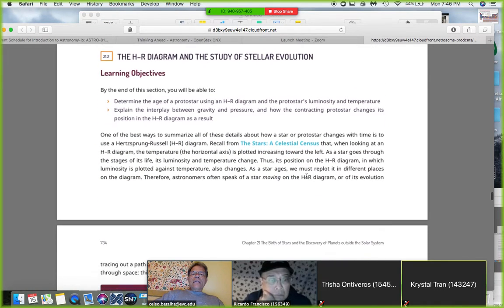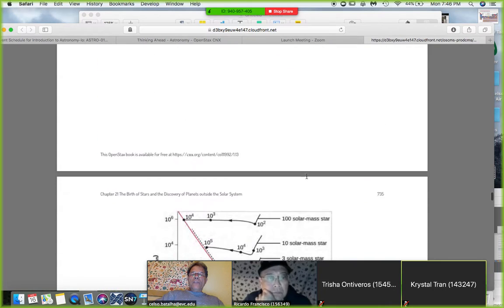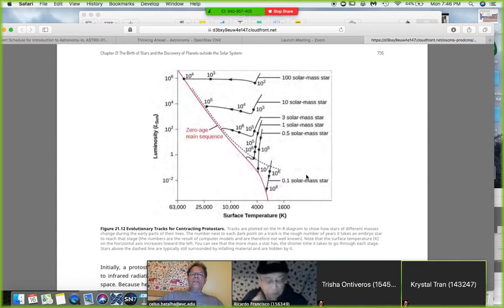Okay, HR diagram. So what is the HR diagram really? Here it is. It's a diagram that relates luminosity, and we saw previously that luminosity is the intrinsic energy the star itself is capable of sending out to the interstellar medium, related to its surface temperature.